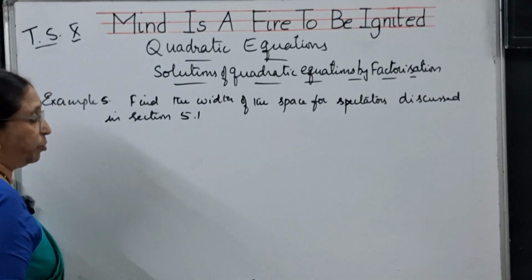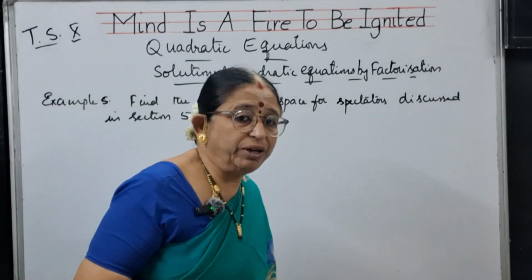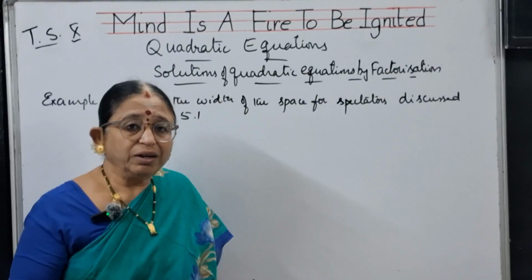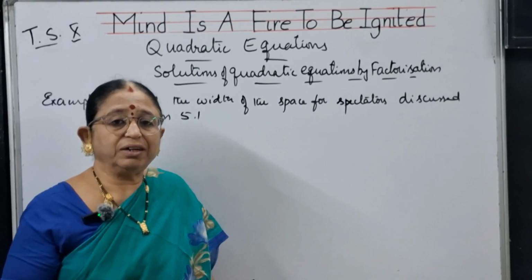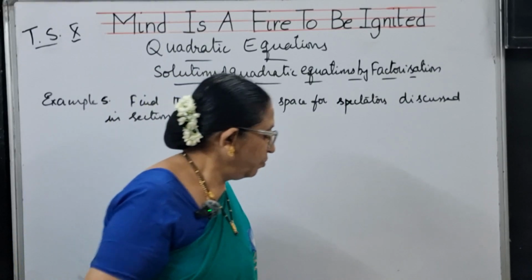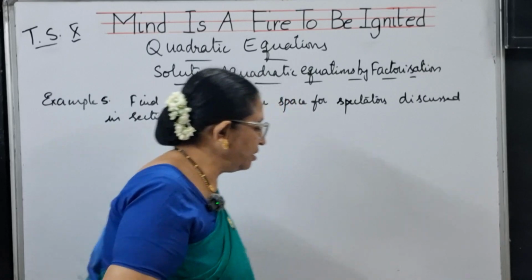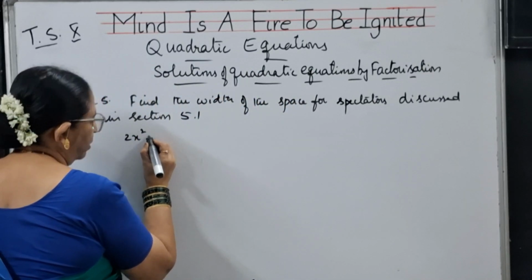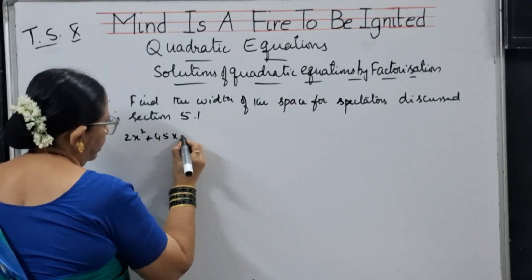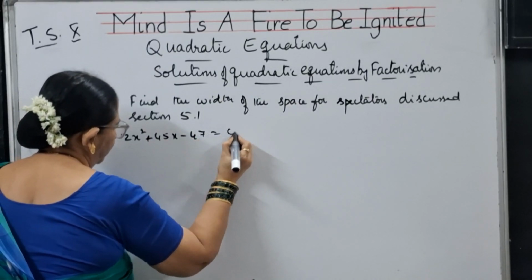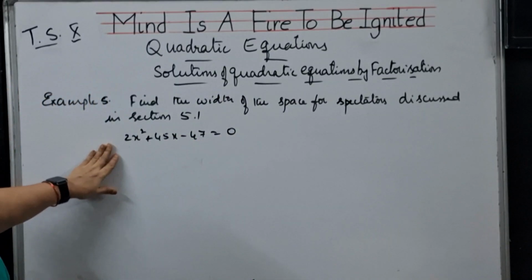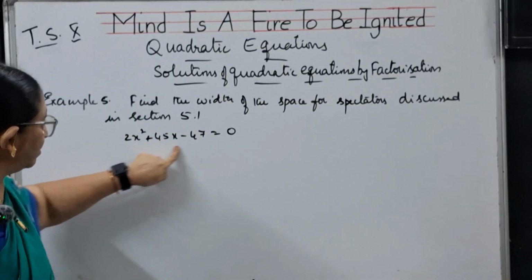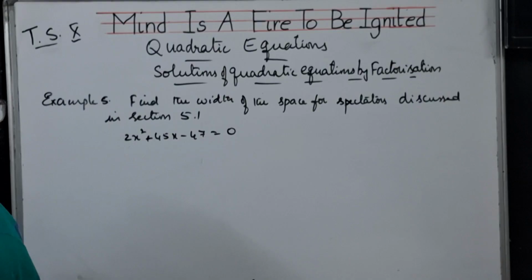Up to that, we have done some sums where we need to get a quadratic equation, and here you take that quadratic equation and solve it. What was the quadratic equation in section 5.1? It was 2x square plus 45x minus 47 is equal to 0. You can go through your textbook also, children. Under 5.1, this is the quadratic equation that you have got.